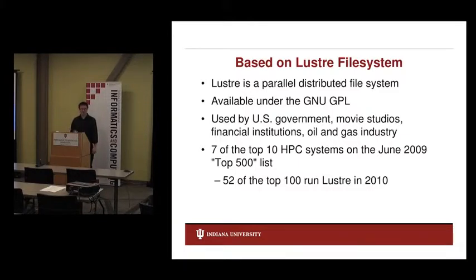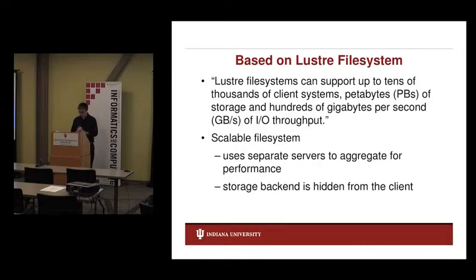Some people might think that Lustre is unstable or erratic, but other people are using it quite successfully. The reason that people use it is because it scales really, really well. Tens of thousands of clients, petabytes of storage, gigabytes per second of I/O throughput. Whatever hardware you have, Lustre will make use of it.